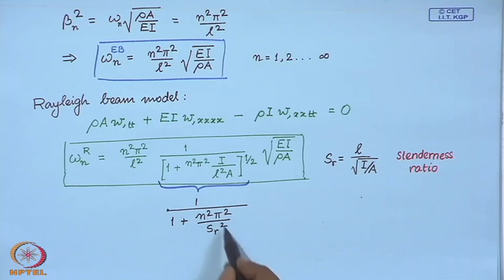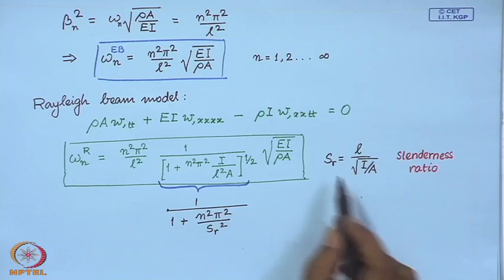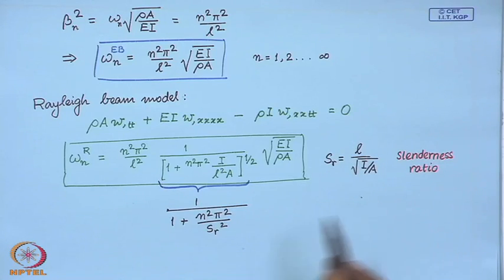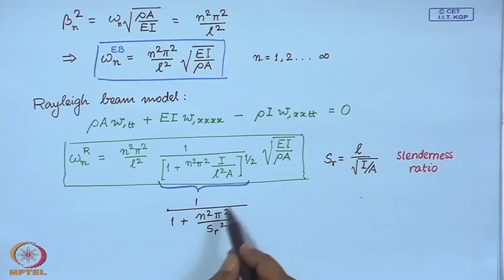Now, if the slenderness ratio is very high, then for lower modes this term is negligible, say n equal to 1, 2, and if the slenderness ratio is, for example, 10, in that case this factor is much smaller than 1. In that case this ratio is almost 1.